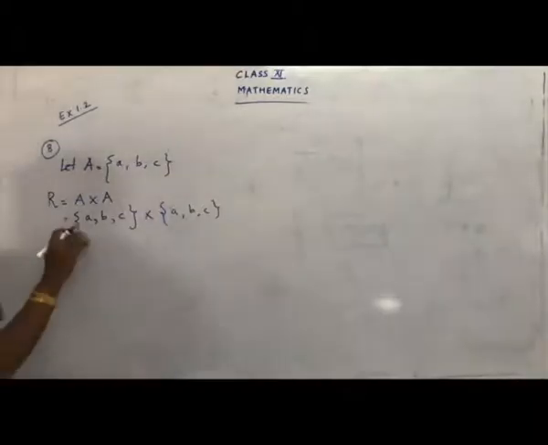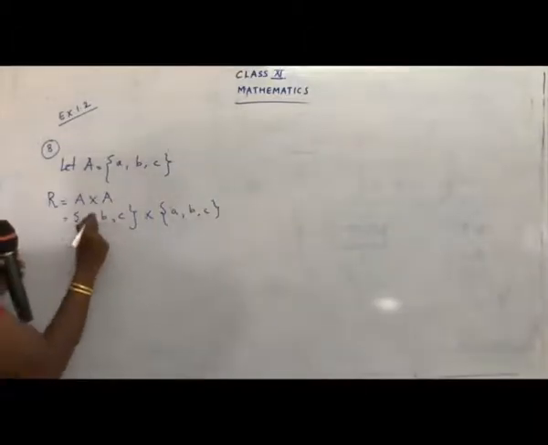Let's find out the answer, children. {A, B, C} cross {A, B, C}. So what do you get here? Start from A, okay? Do not mix up everything.